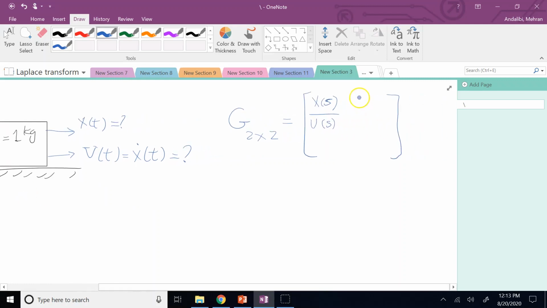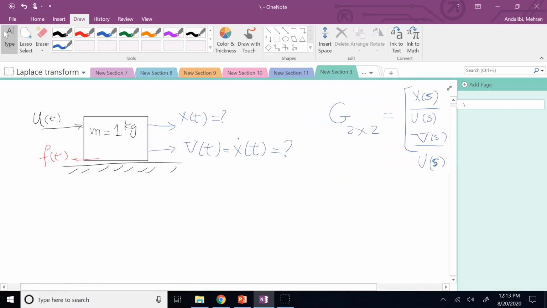The second one is the first output over the second input. Then this is going to be v of s over u of s. And then v of s over f of s. Okay, so I need to find these.